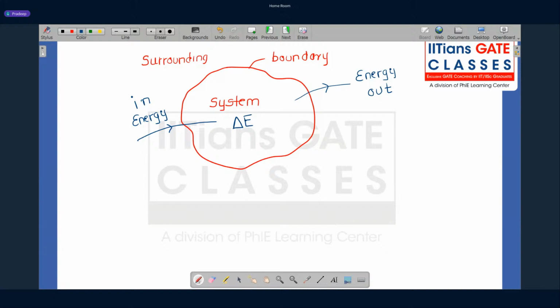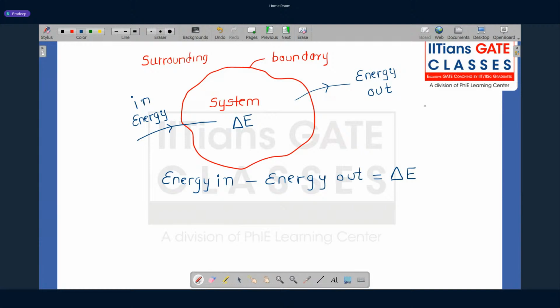The first law, the law of conservation of energy, in simple mathematical form: total energy coming inside the system minus total energy going outside the system is equal to change in energy of the system.